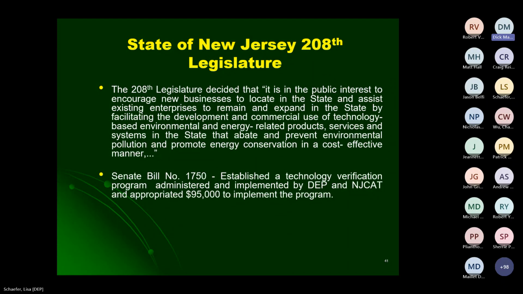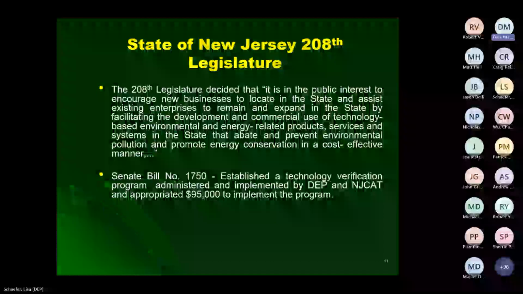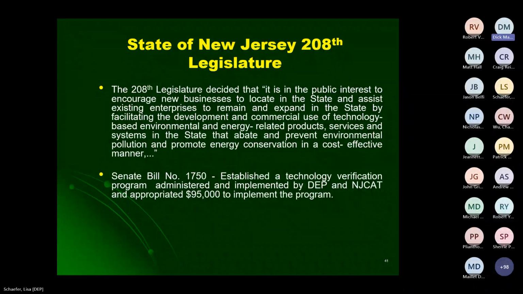These discussions led to the 208th Legislature, which convened on July 1, 1999, to establish a technology verification program through Senate Bill number 1750, to be administered and implemented jointly by DEP and NJCAT, and very kindly appropriated $95,000 to kickstart the program. I will say that they have not given any money since that time. So the program has been self-sustaining. Next slide.